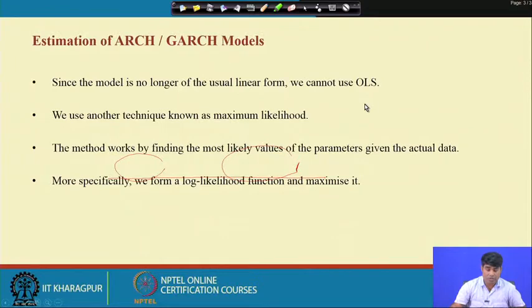Okay. So taking the clue, we have here the estimation process for the ARCH and GARCH models.